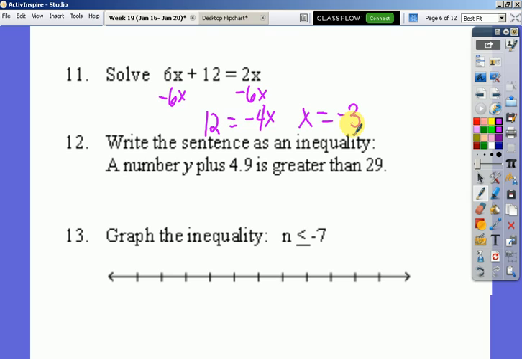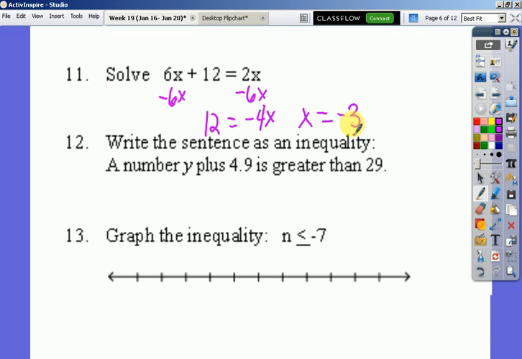Does that work when I plug in negative 3 for x? Negative 18 plus 12, does that equal negative 6? No.